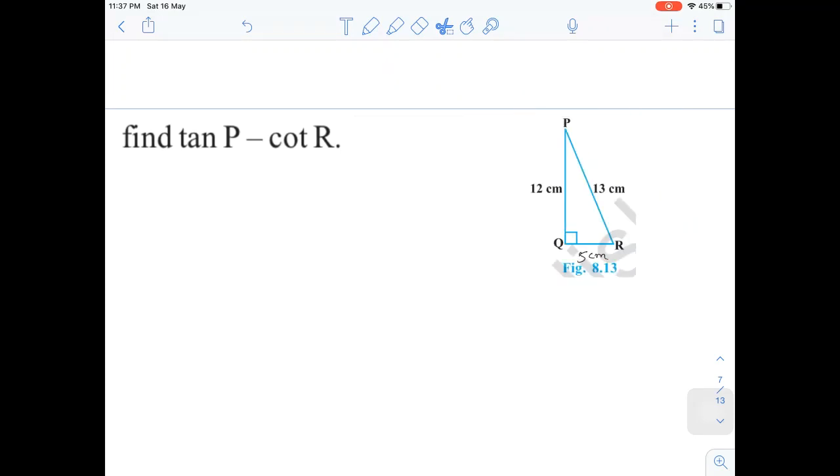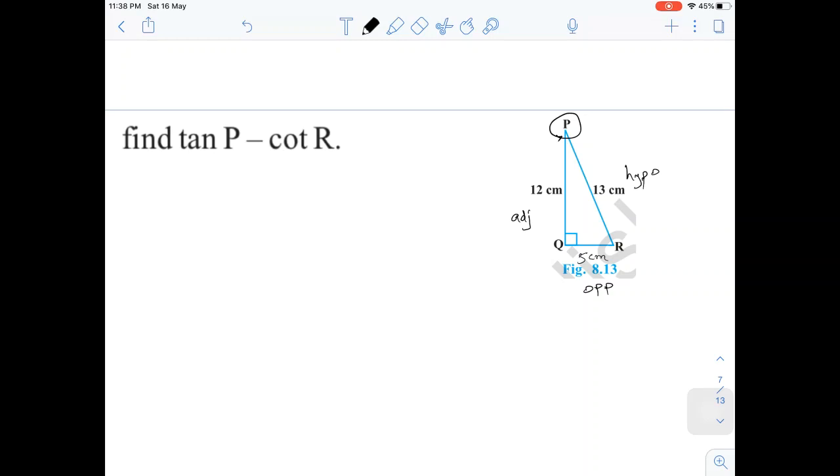Now, we need to find the value of tan P first. So, for angle P, we have to decide which side is opposite. It can be seen that the side opposite to P is QR. So, let us write here opposite, and PQ is its adjacent side. So let us write here adjacent, and this side is our hypotenuse.